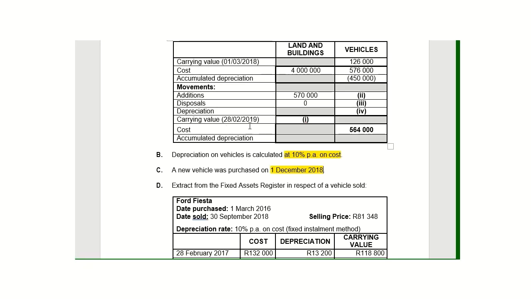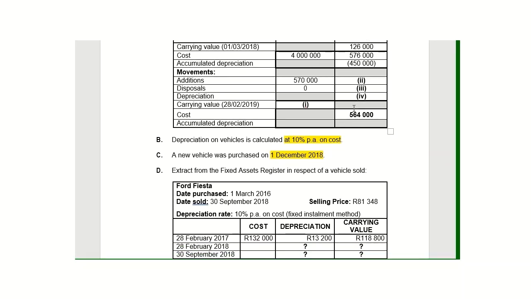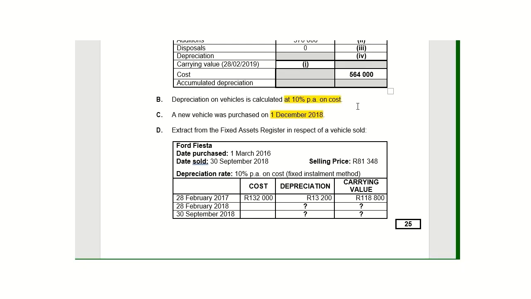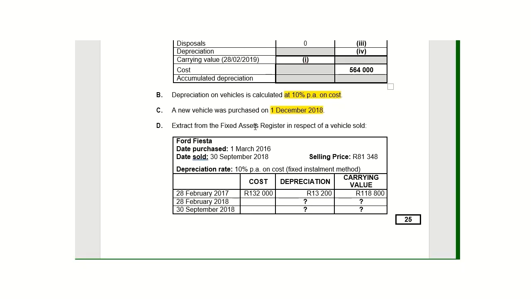Let's see if I can find out what the cost of the item that we sold was. Under D, they tell me that is the extract of the fixed asset register in respect of the vehicle sold. So on the fixed asset register, I will get the cost. There it is, 132,000. So the cost for the vehicle sold was 132,000.